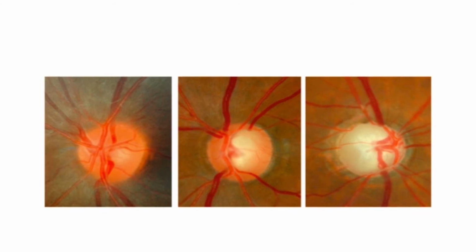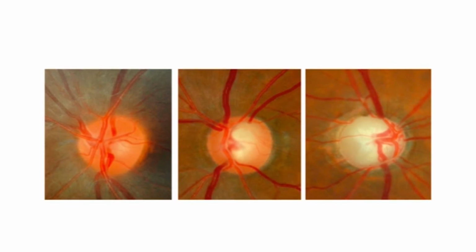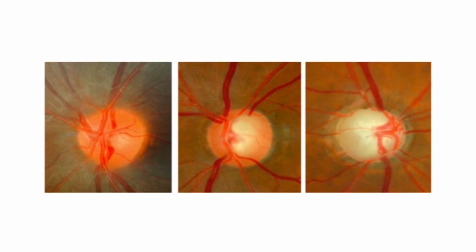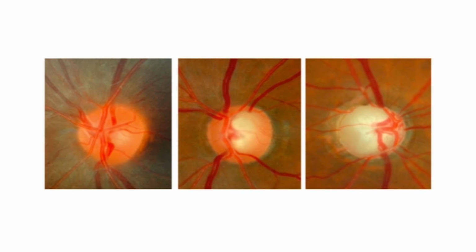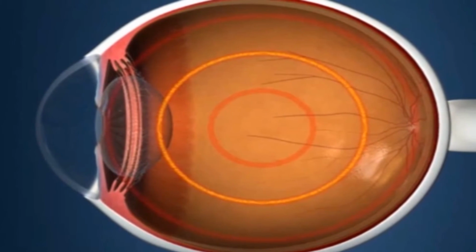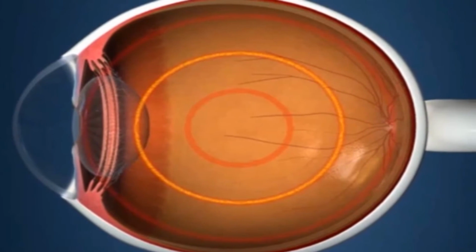Glaucoma is characterized by a particular pattern of progressive damage to the optic nerve that generally begins with a subtle loss of side vision, that is, the peripheral vision. If glaucoma is not diagnosed and treated, it can progress to loss of central vision and blindness.